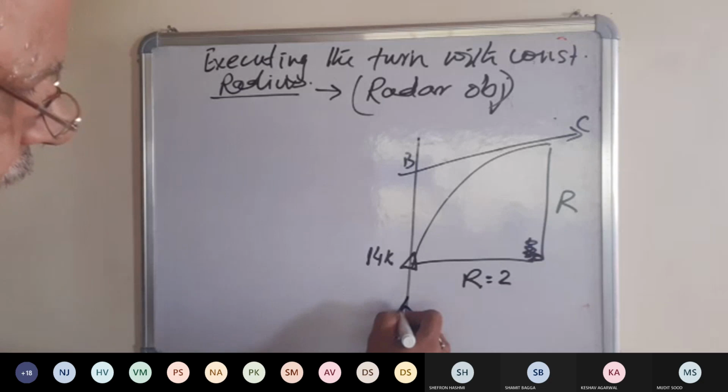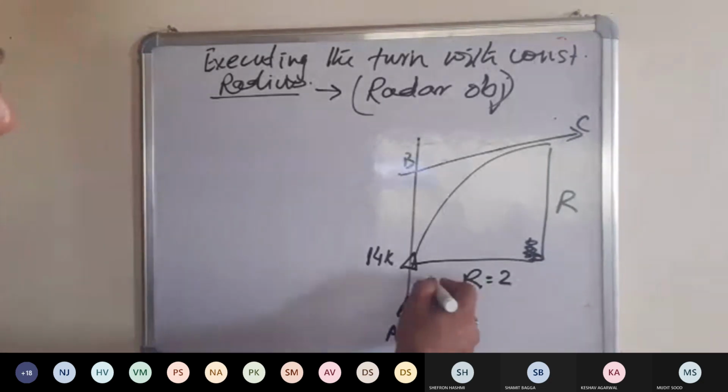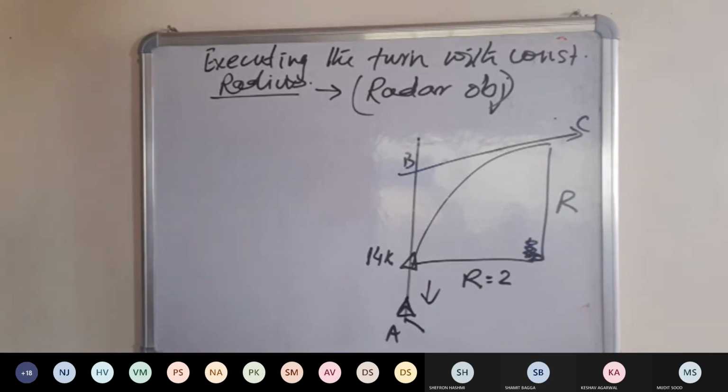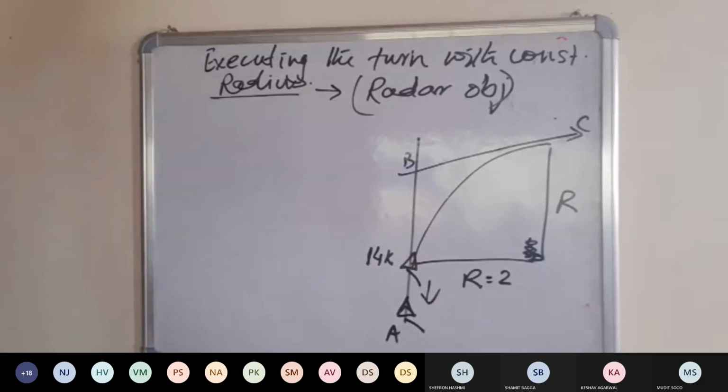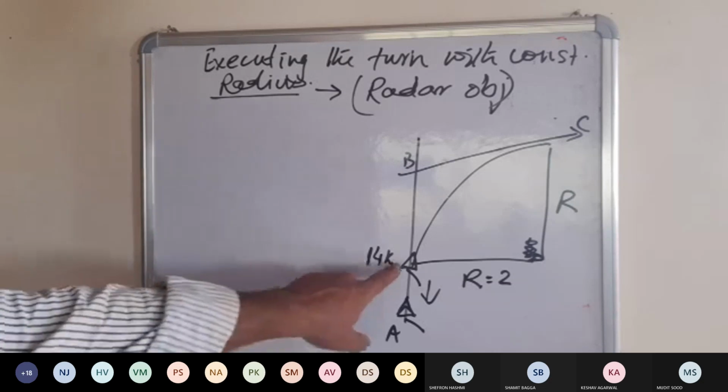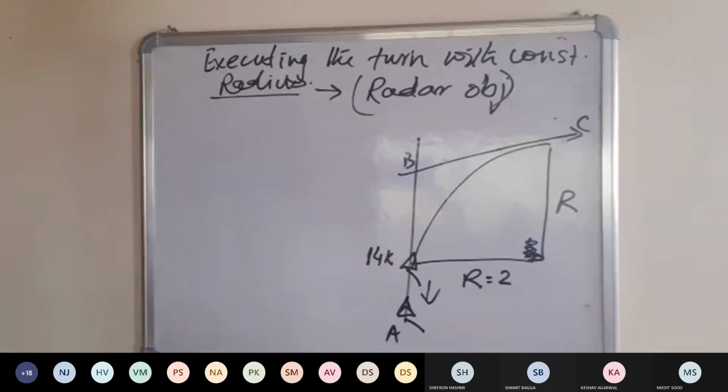So when I give the rudder at this place somewhere before, what do you think should be the ROT that I should attain at this place? What should be the ROT when I reach here? So 7 degree per minute.